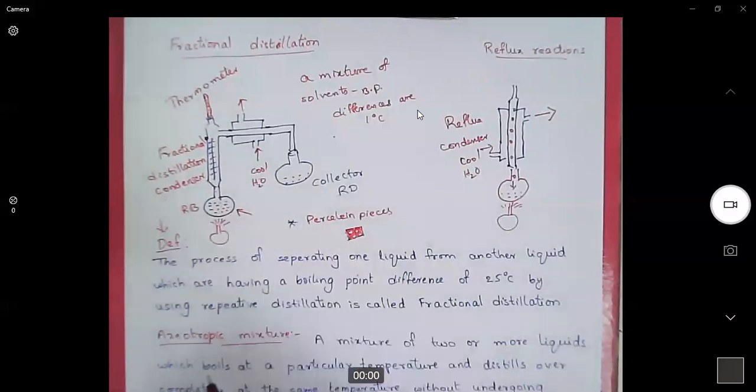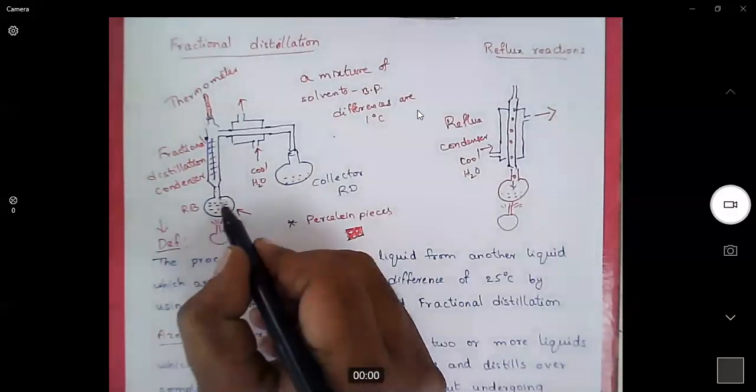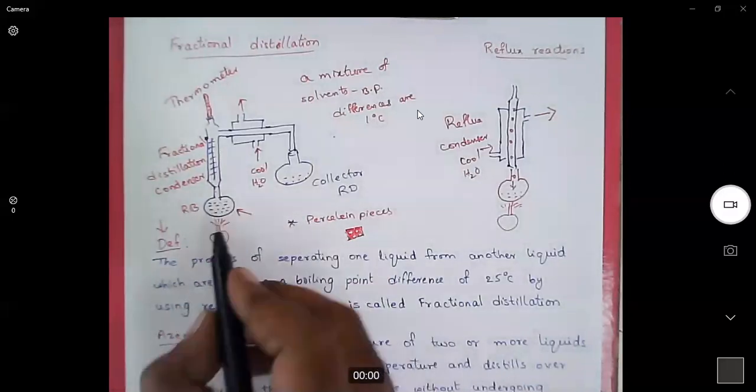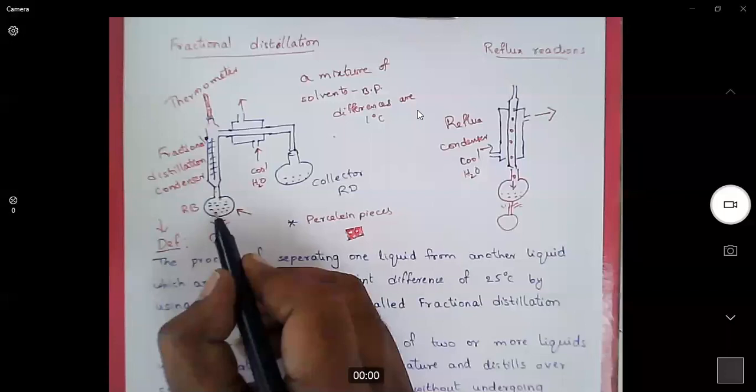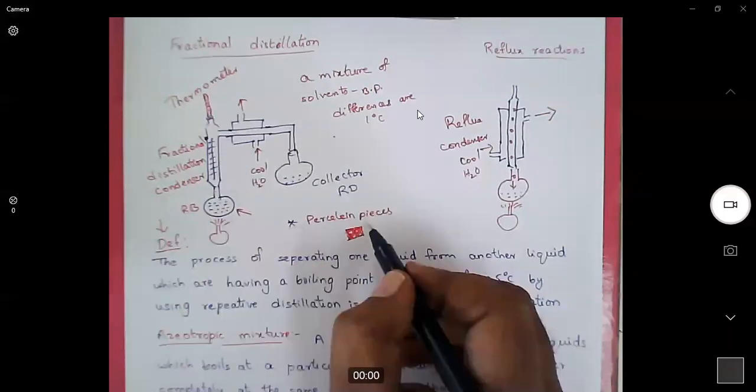So in order to avoid this, we must have uniform heating throughout the solution. Uniform heating throughout the solution can be achieved when we add small porcelain pieces to the solution.